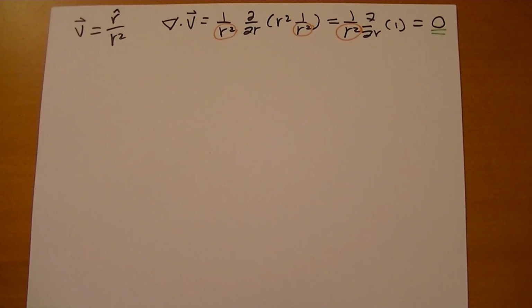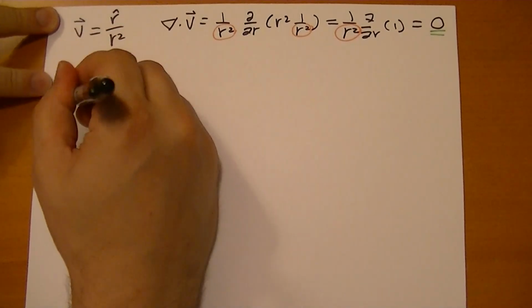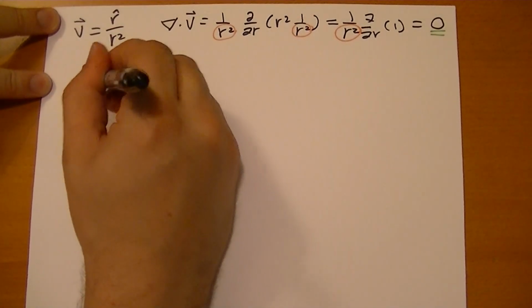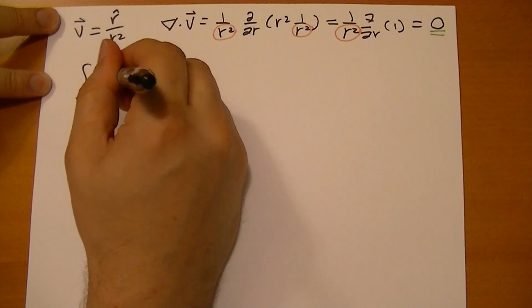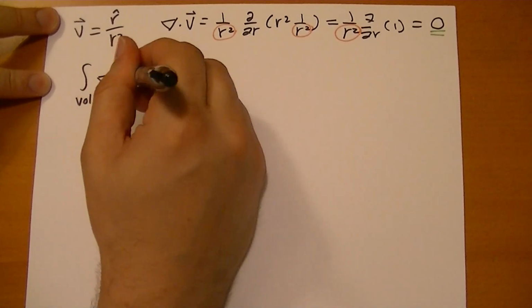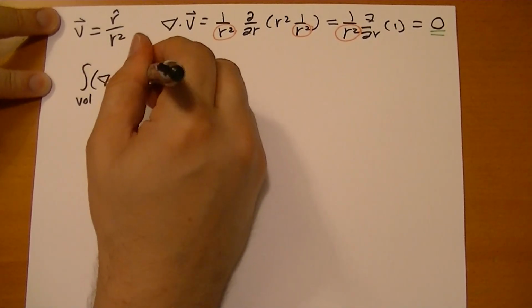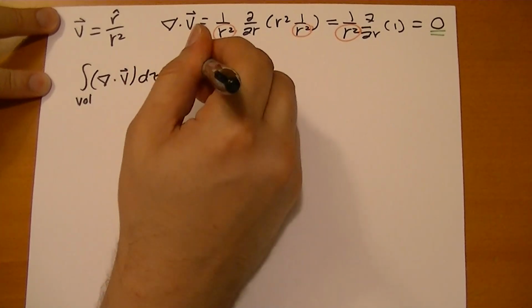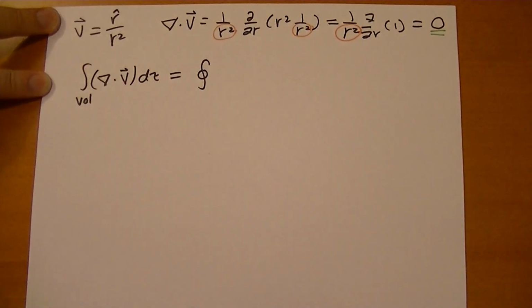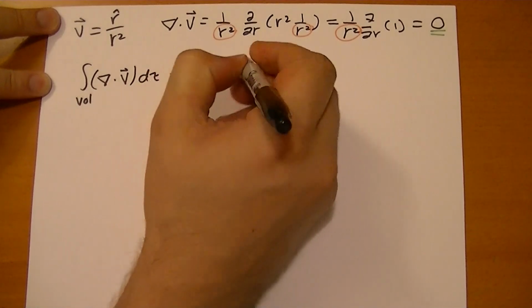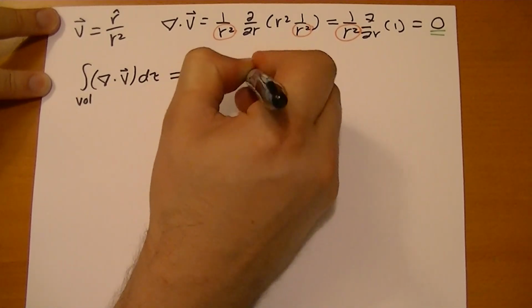Then we apply Gauss's theorem, where Gauss's theorem says that the volume integral of the divergence of some field times the volume element is equal to the surface flux of that field dot dA vector.